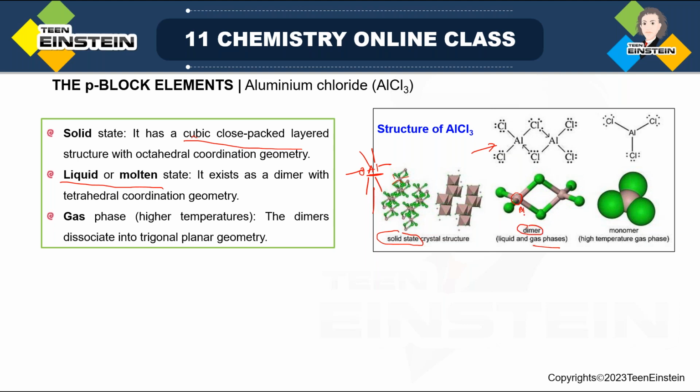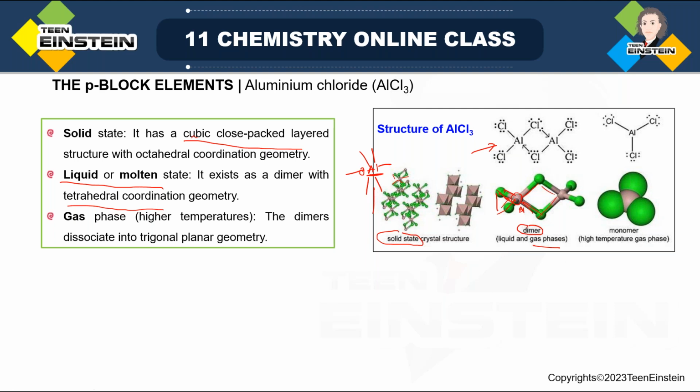If this is aluminium and this part is in one plane, then this other plane is perpendicular to it. So you can see the tetrahedral arrangement surrounding aluminium. That is what is written here, tetrahedral coordination geometry. And when it is high temperature gas phase, this dimeric structure is also not there.